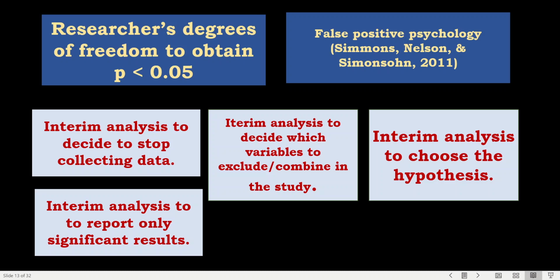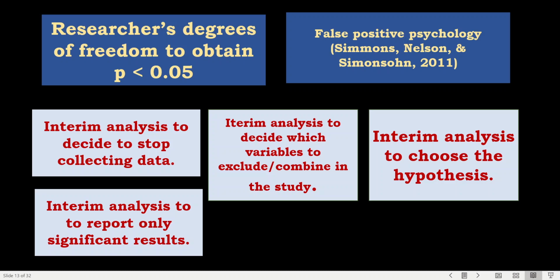Well, what's the problem with that? The problem is that the p-values we calculate depend on the plan. So if your plan is to collect data until you obtain a p-value lower than 0.05, the sampling distribution you have to use is different.